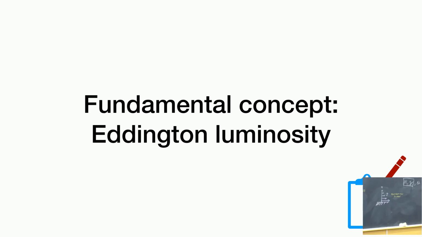So the Eddington ratio for typical astrophysical systems is usually less than 1, otherwise accretion would stop.